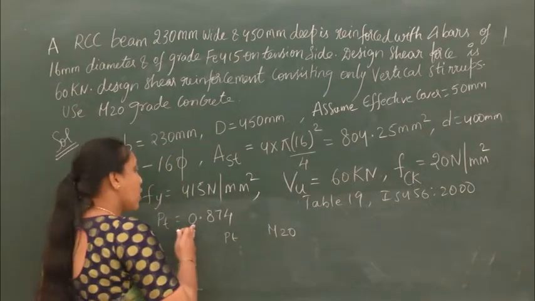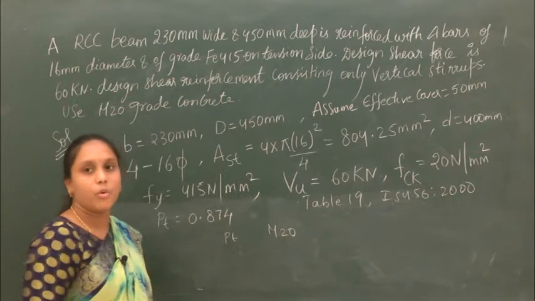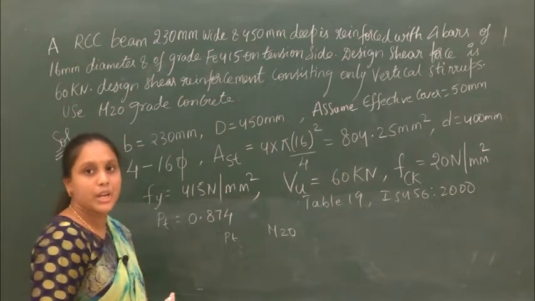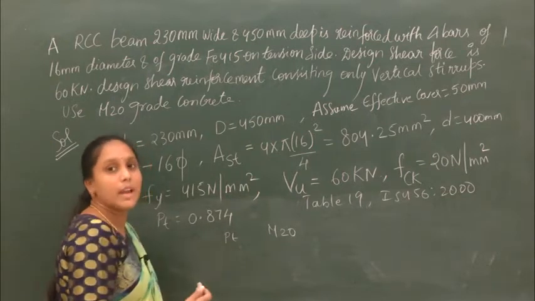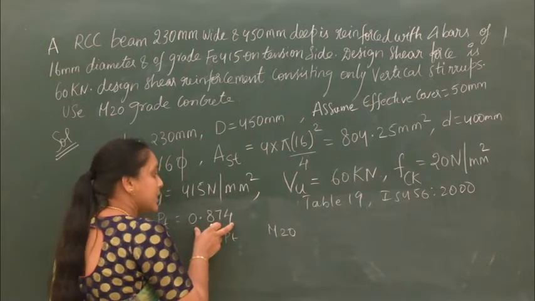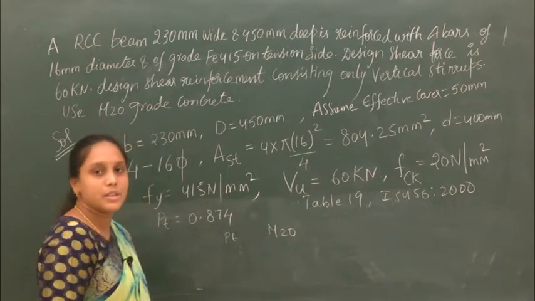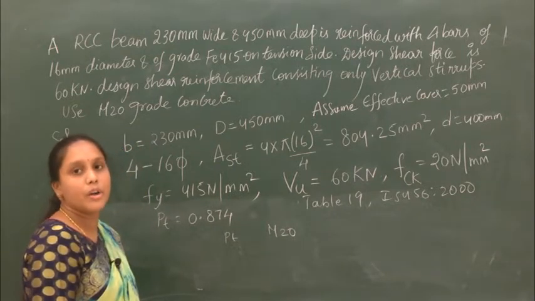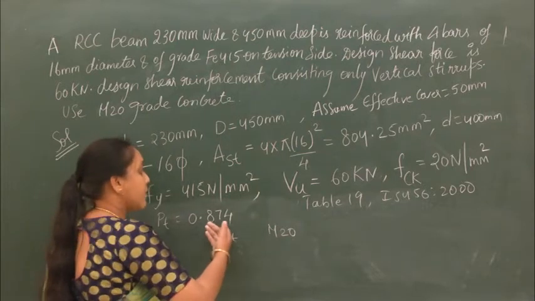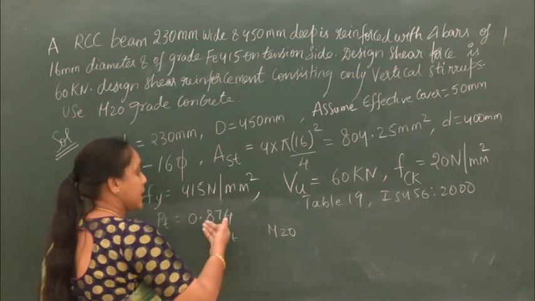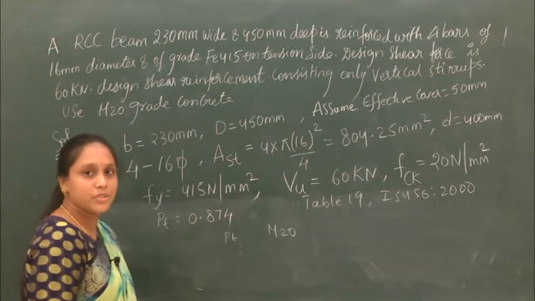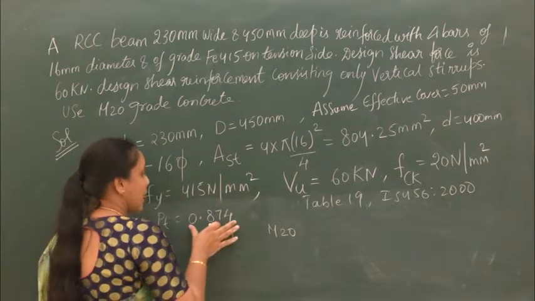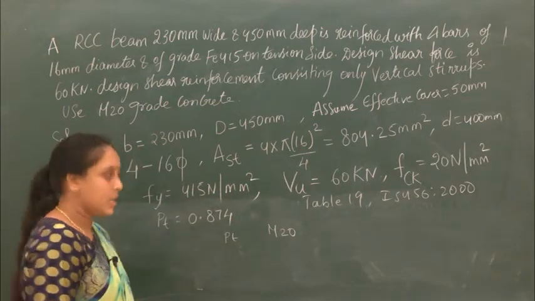Here I have the value of 0.874. You have to check if there are any tau c values available for this percentage of steel and this grade of concrete. But if they are not available, then you have to take the value previous to this percentage and later to this percentage of steel, and interpolate to calculate the tau c value for this percentage of steel.